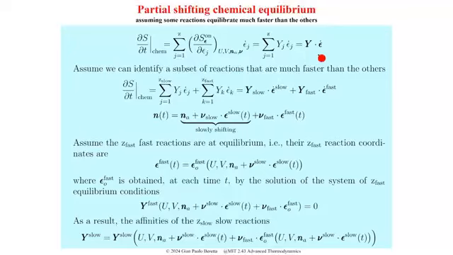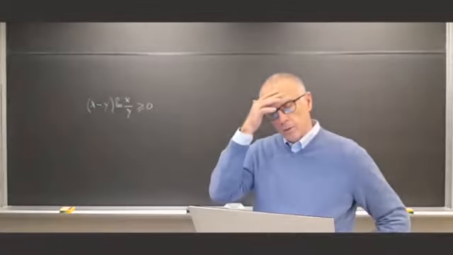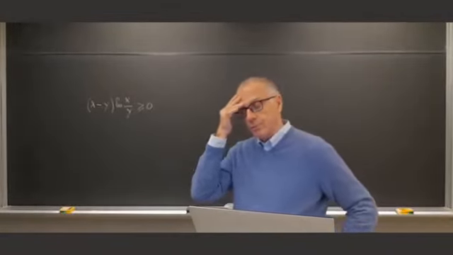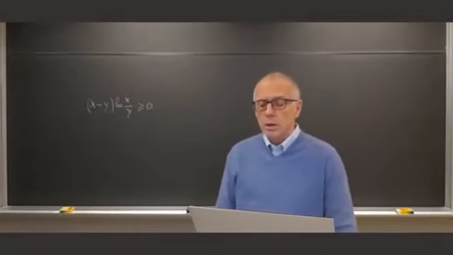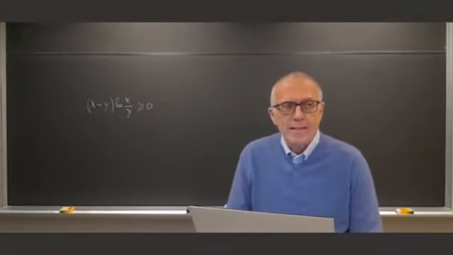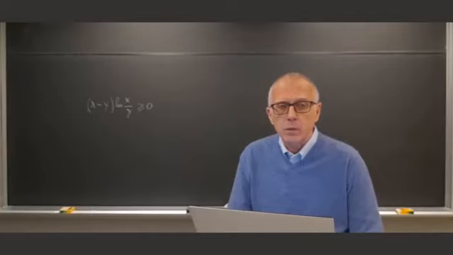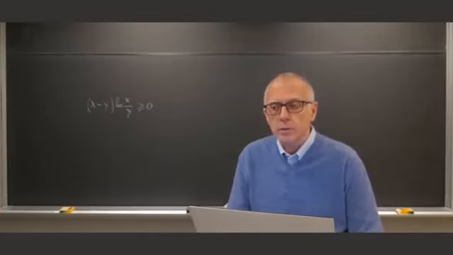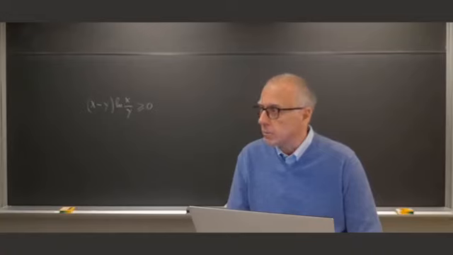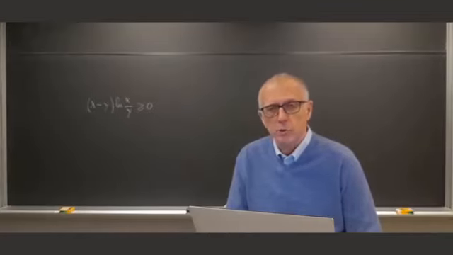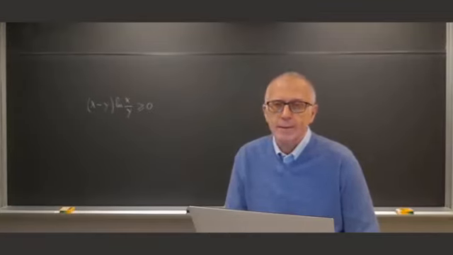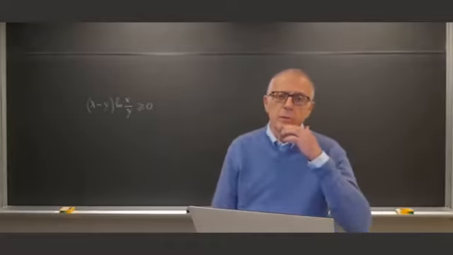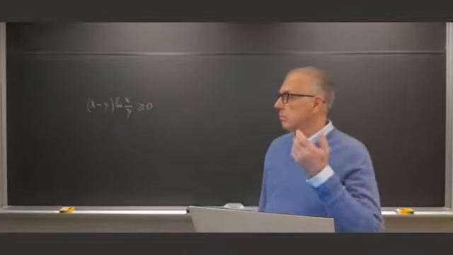Now here, sometimes we realize that not all reactions are important in the sense that we need to describe their kinetics, because some reactions are so fast that regardless of the kinetics, they equilibrate very quickly.